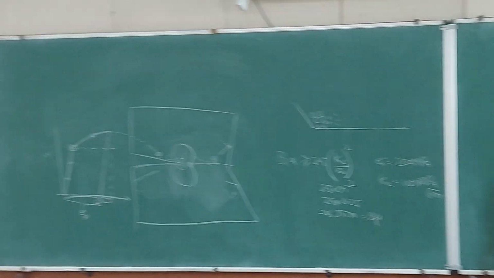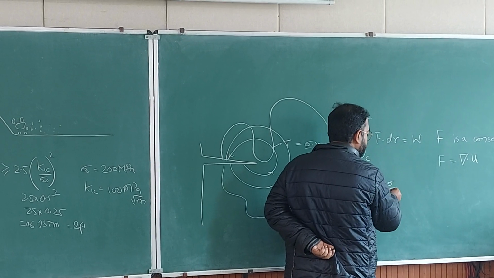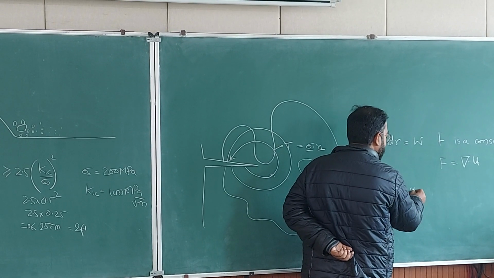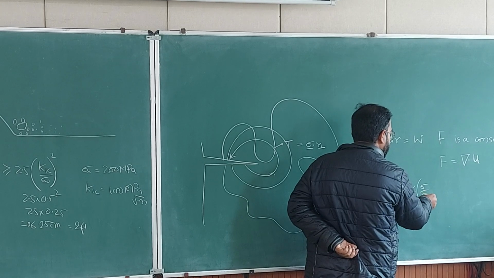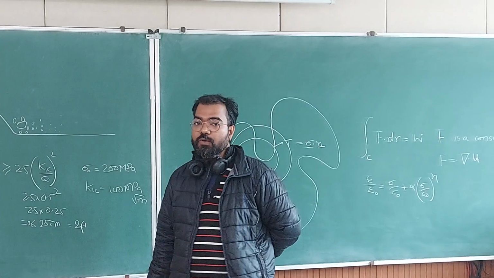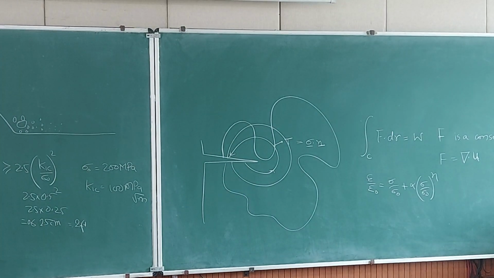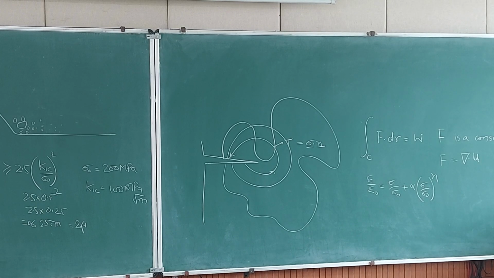So he can define a normalized form of strain is equal to sigma by sigma naught plus some constant into sigma by sigma naught to the power n, and this equation defines the whole stress strain curve. Okay, Ramberg-Osgood equation.